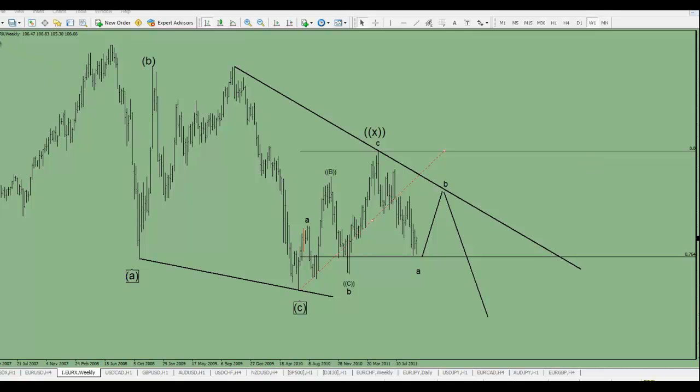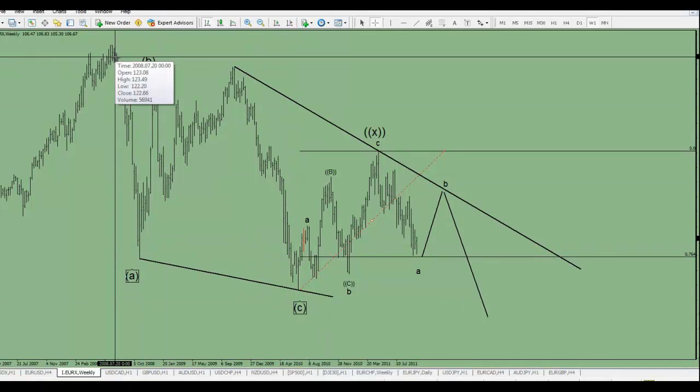This is the euro index on the weekly chart, and it's very easy to see that from the all-time high on the euro index, which is the 160 on the dollar, the euro in 2008, the euro did 3, 3, 1, 2, 3.